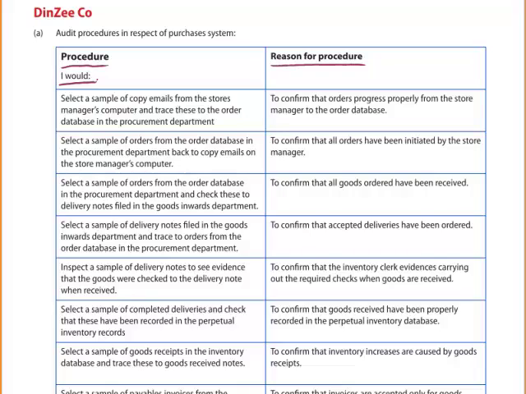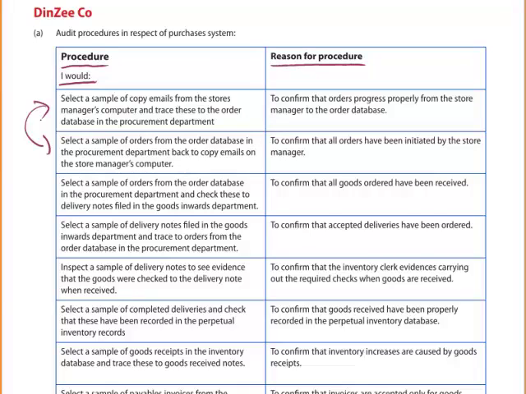Most of the points then listed are self-explanatory, but it's worth drawing attention to the following pairs. The first two. We're going from emails to the orders, and then we're going from orders back to the emails. Both are important audit checks.